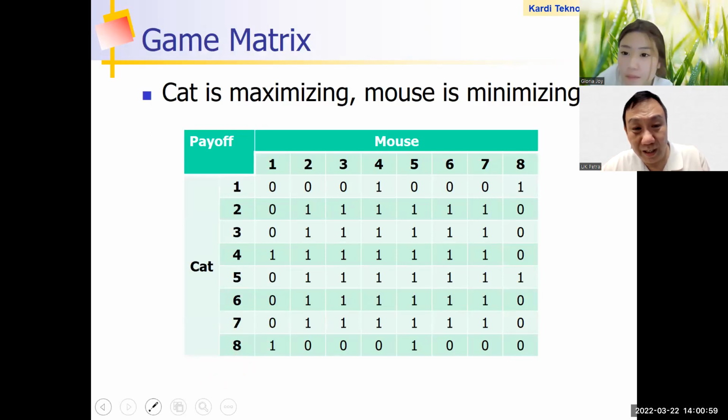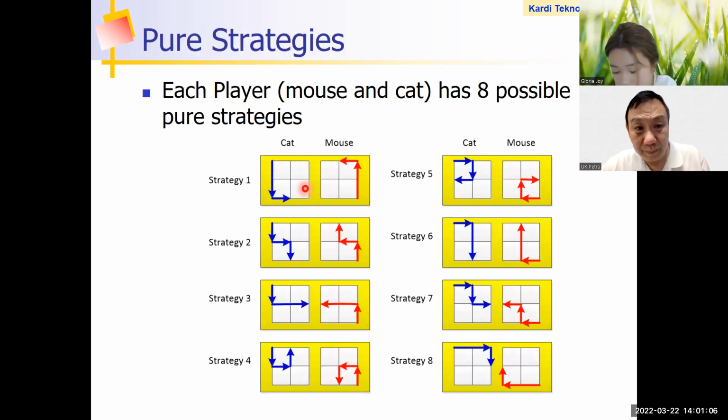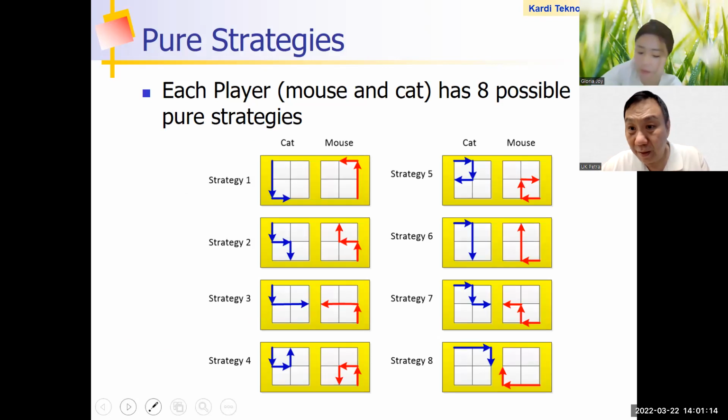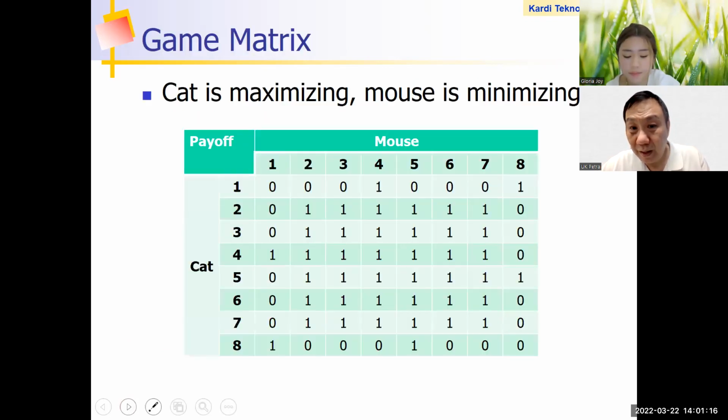The point in this practice is you can practice on your own later at home. You check that based on this game alone, you can start to create the game matrix. Developing the game matrix is a very important step, so that you can apply game theory in your daily life.